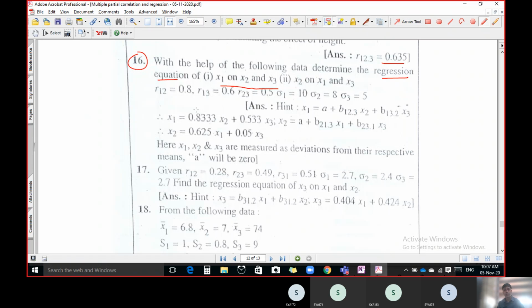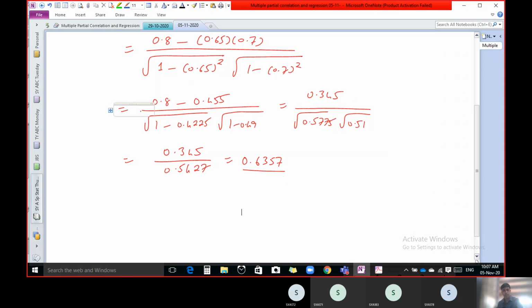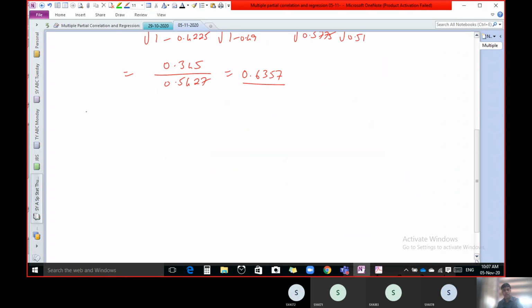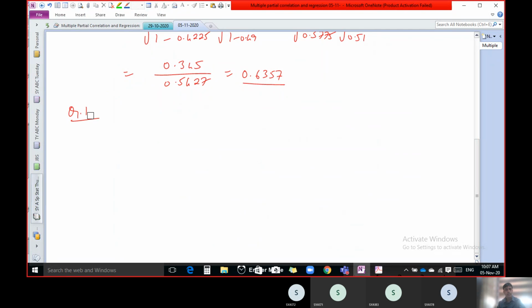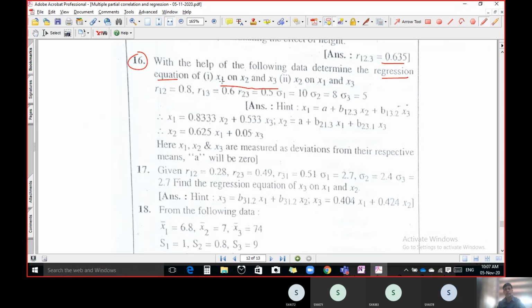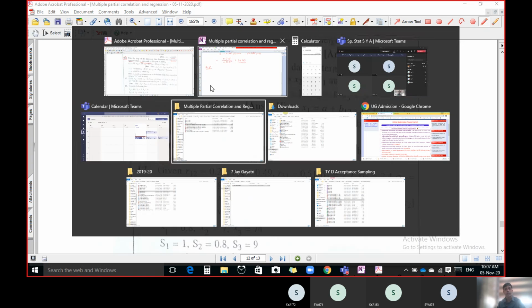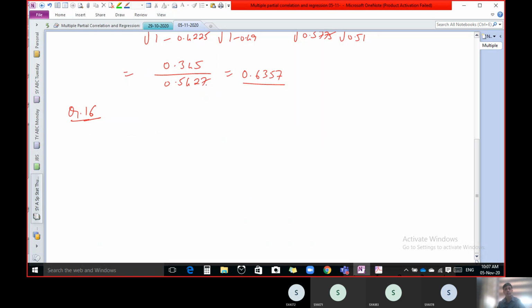Now see how to find it out. First, we have to find out the regression equation of x1 on x2 and x3.